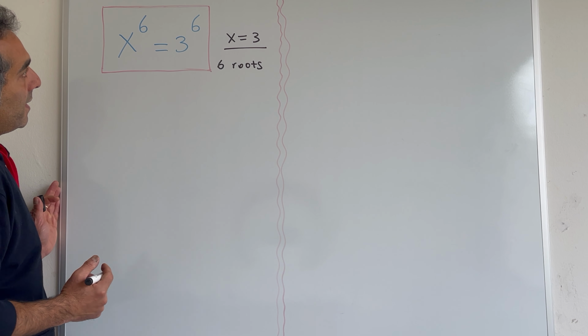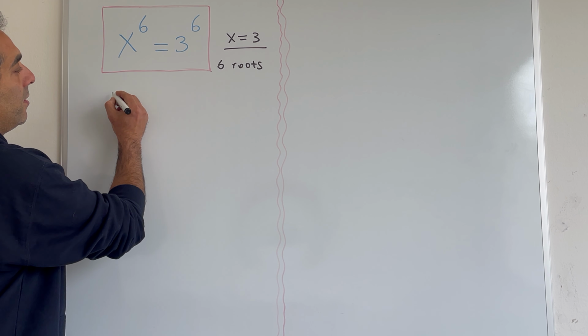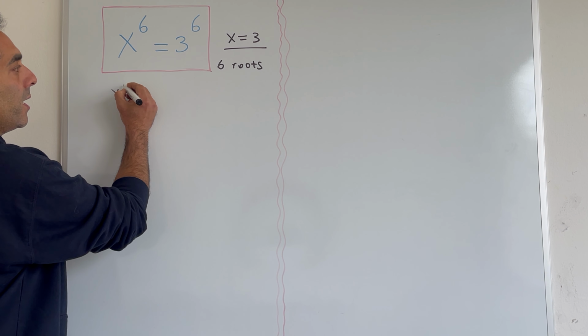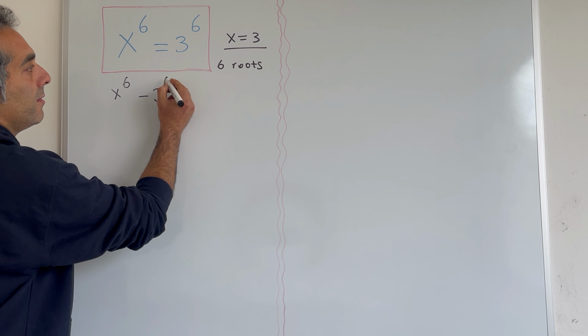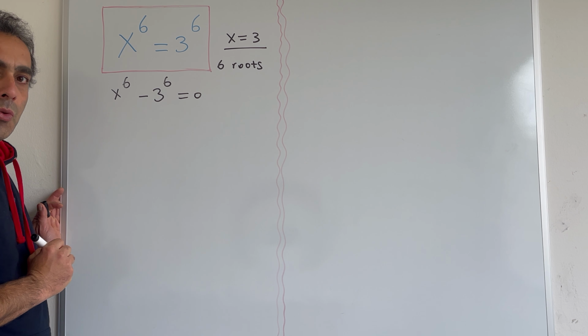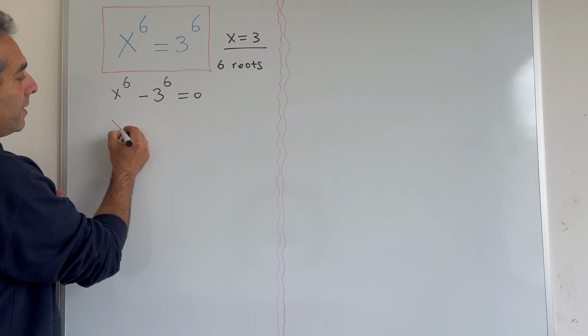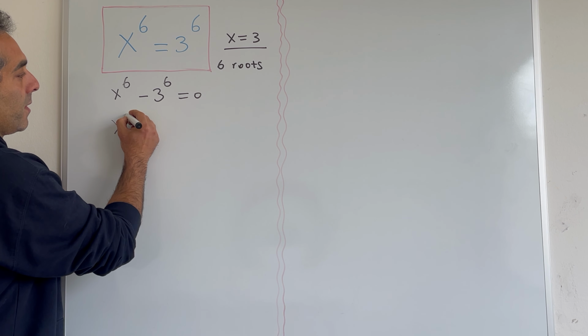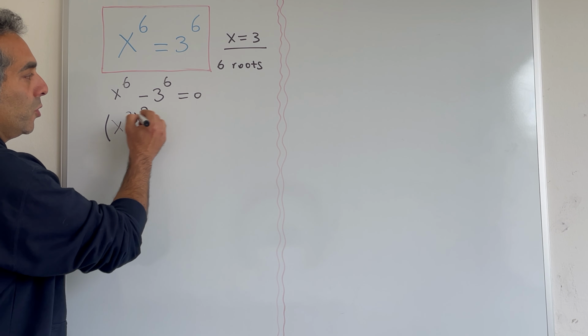So to find this solution, I just take this number to the right side. So I flip the sign, equals 0. I can write it like x to the power of 3 to the power of 2.